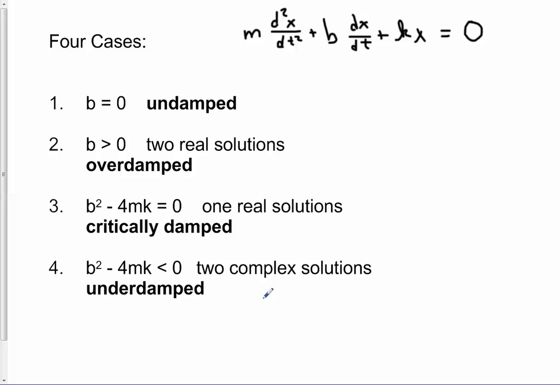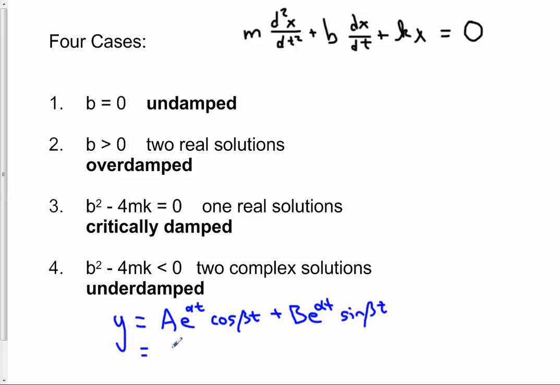So our solution in this case will look like a e to the alpha t cosine beta t plus b e to the alpha t sine beta t. Or we could write it as c e to the alpha t cosine of beta t minus delta, sometimes a more useful form.